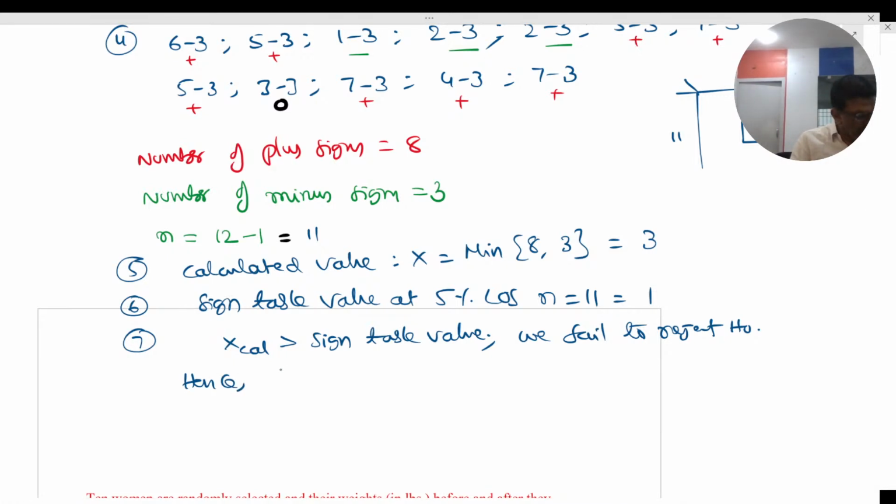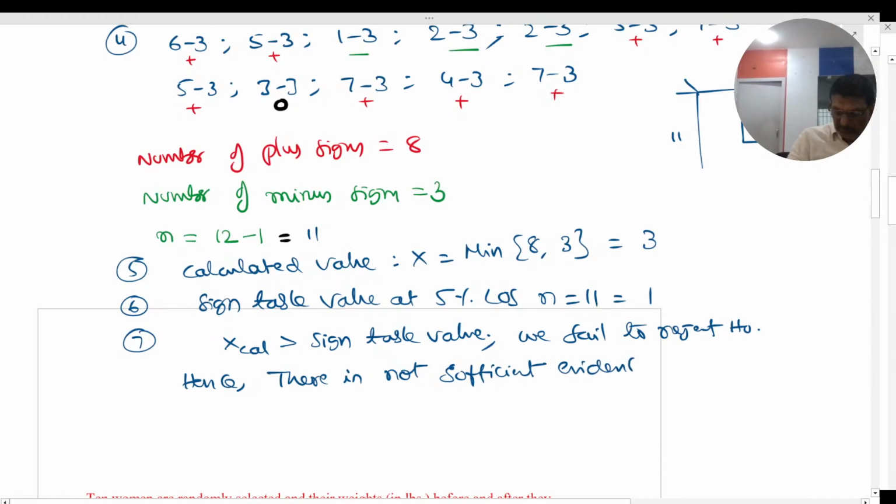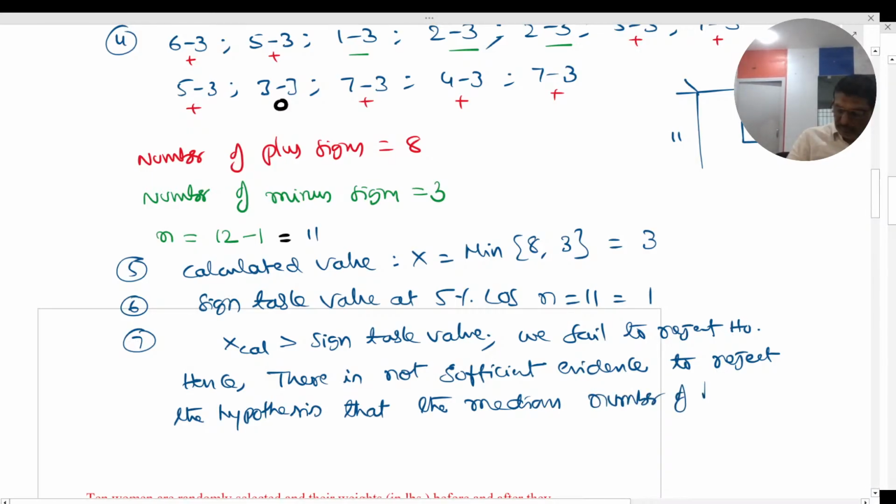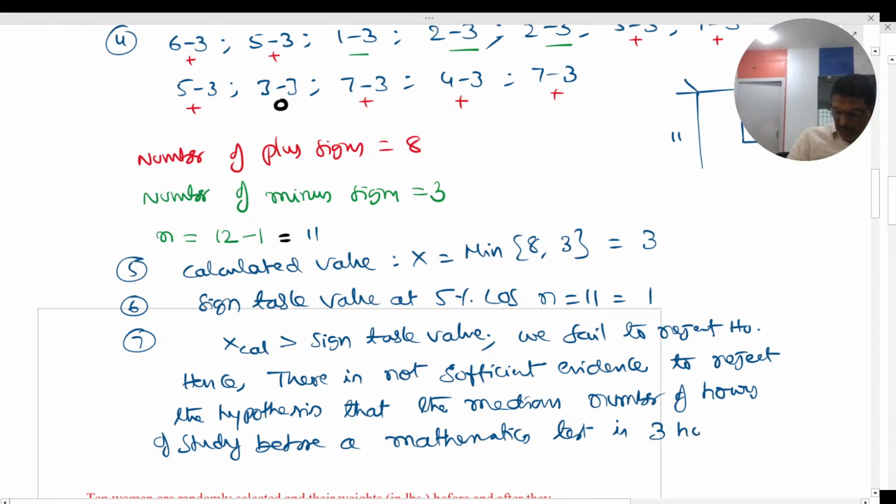Hence there is not sufficient evidence to reject the hypothesis that the median number of hours of study before the mathematics test is 3 hours.